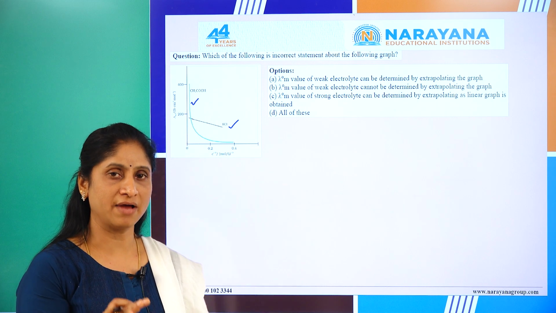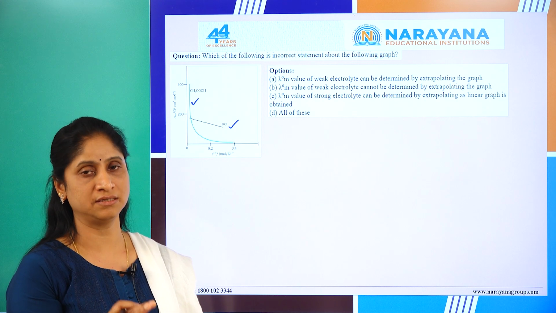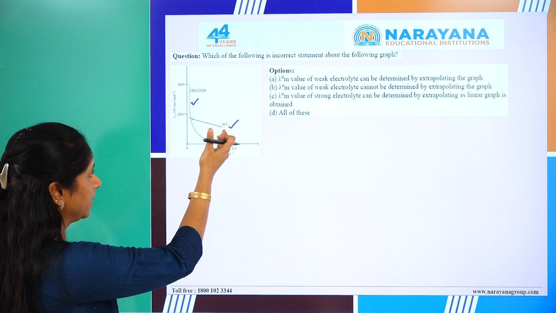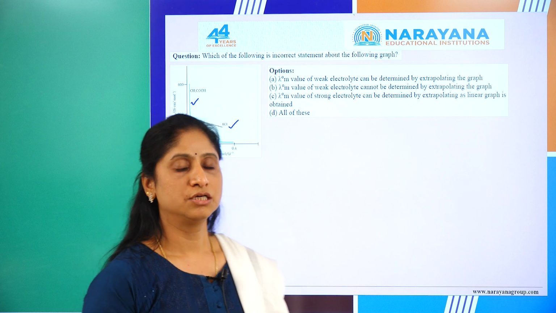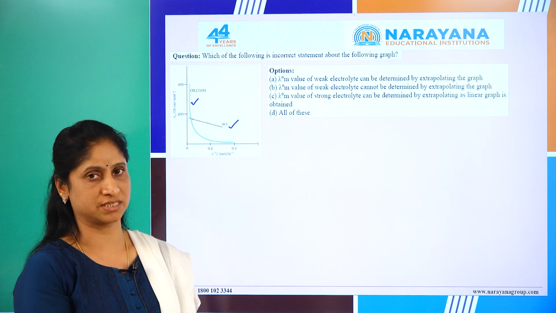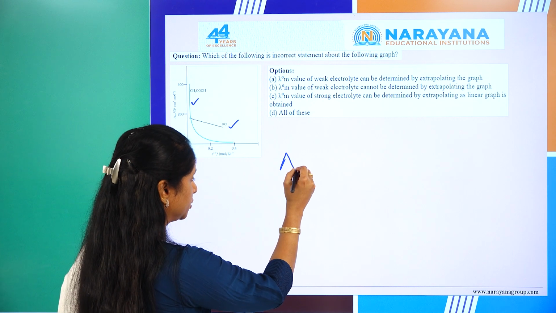Molar and equivalent conductances increase with increase in dilution. For strong electrolytes, molar conductance increases with dilution due to decrease in inter-ionic forces, and they obey a linear relationship.